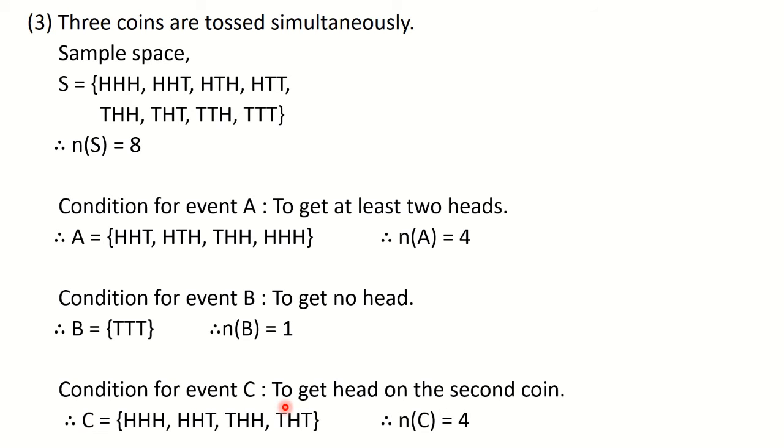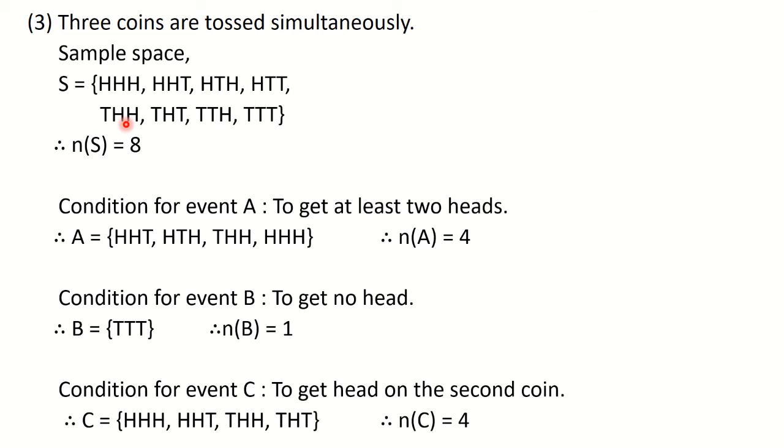Let us see the third one now. Condition for event C: to get head on the second coin, we want H in the middle. So find all the sample points from here where you have H in the middle. See, first one, H is in the middle. Second one, HHT, this will not do.